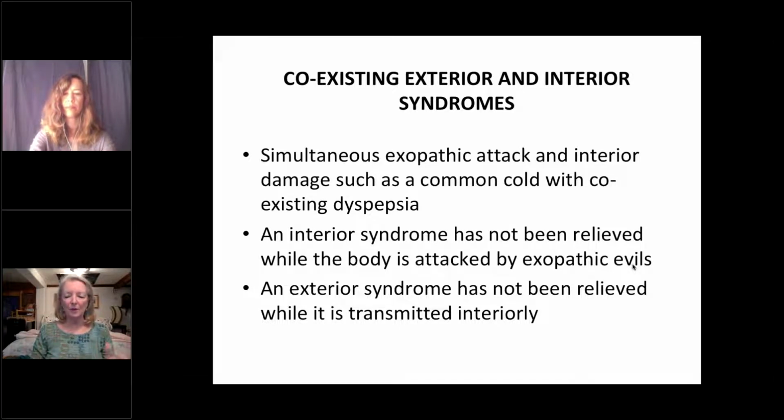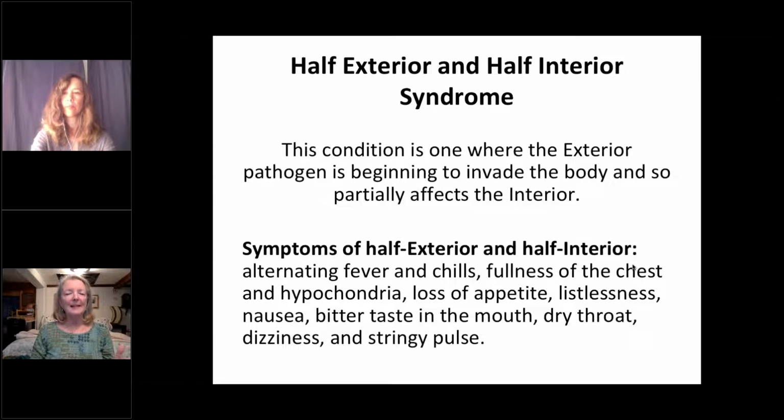That's an example of coexisting. But an example of this half exterior, half interior I'm talking about is where something has invaded externally and then it goes partway into the body. It's not all the way in, but it's partway.